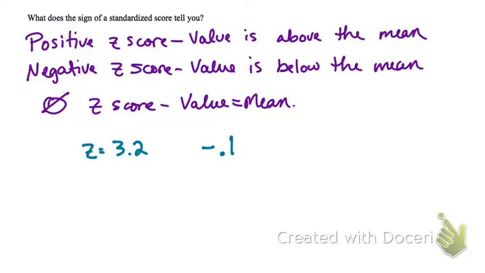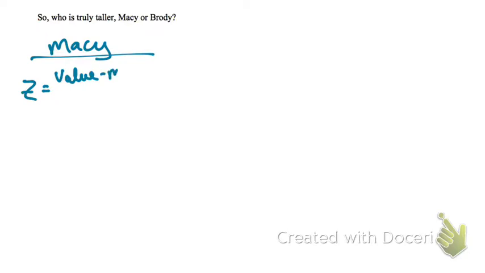All right, you guys, so let's finally answer this question for real, mathematically speaking. Who is truly taller relative to their own distribution, Macy or Brody? Macy's Z-score: we're going to take her value, subtract her mean, and divide by her standard deviation.